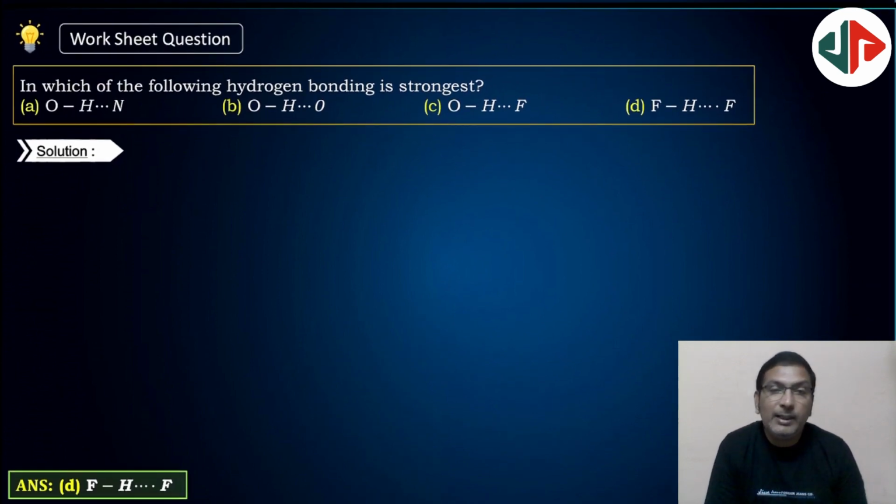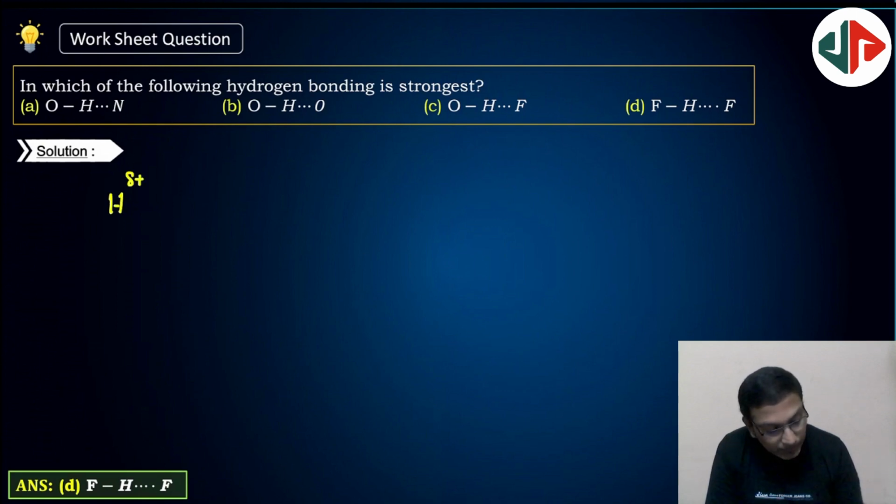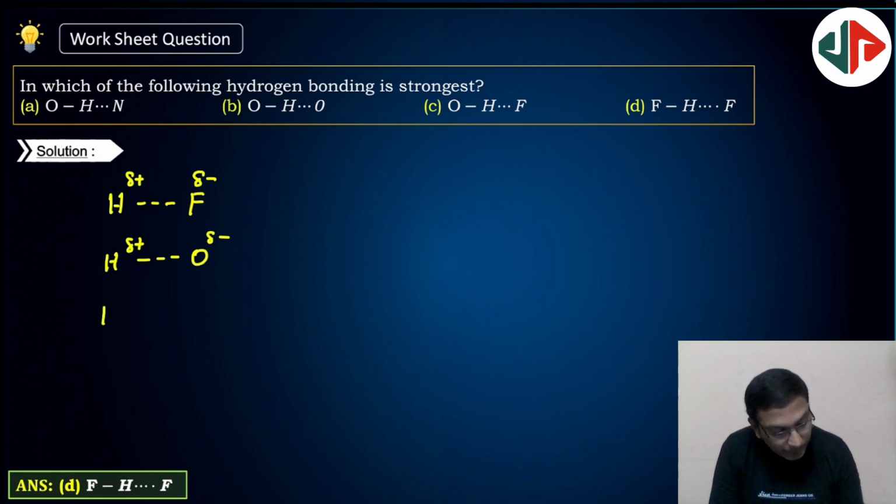In which of the following is hydrogen bonding strongest? So hydrogen bonding is strongest if hydrogen is attached to the most electronegative element, F minus. Next O minus. Next N minus.